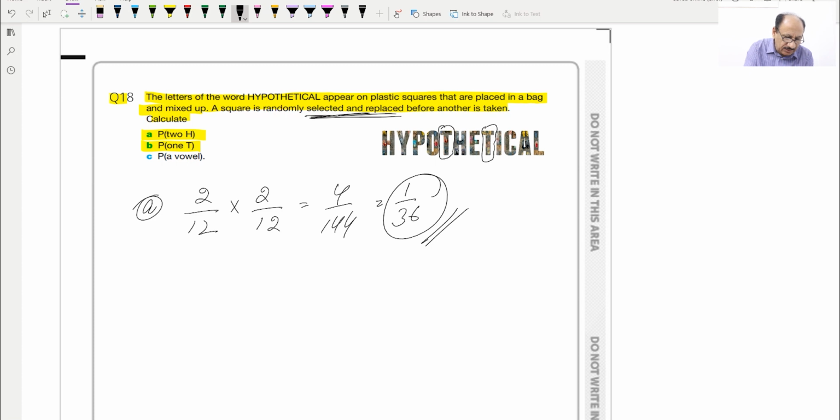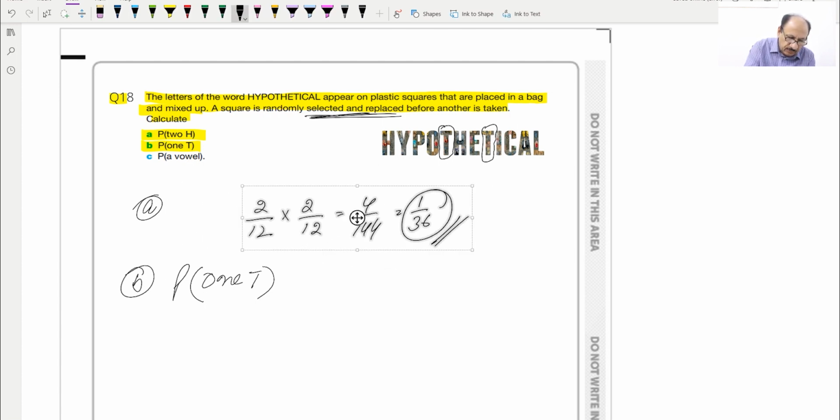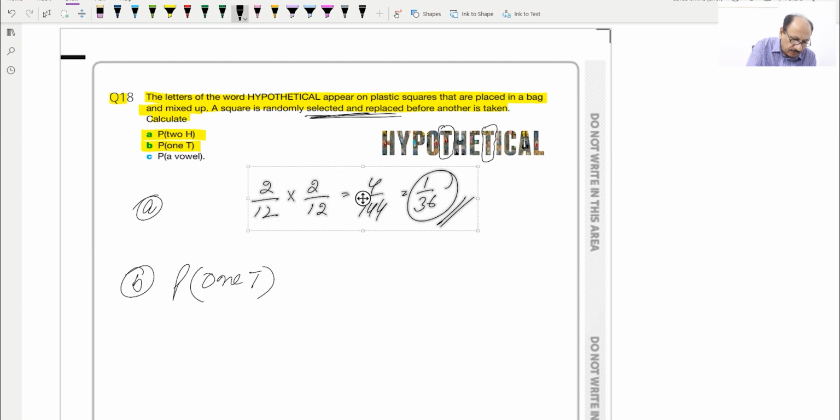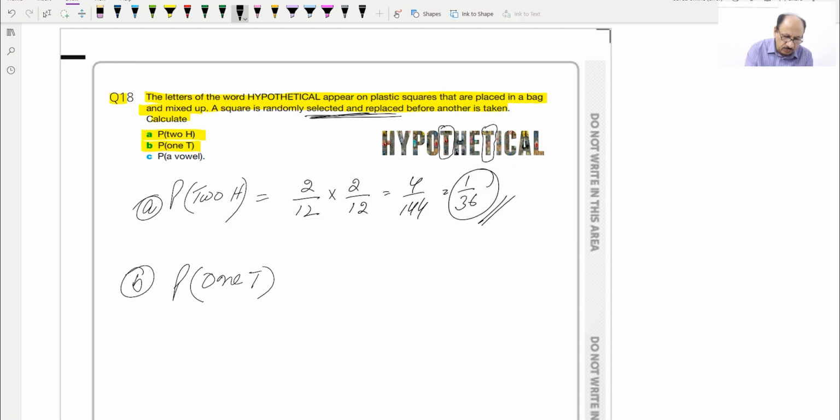So first, probability of 1t. For the first question also, better if we write here probability of 2h is equal to this one.